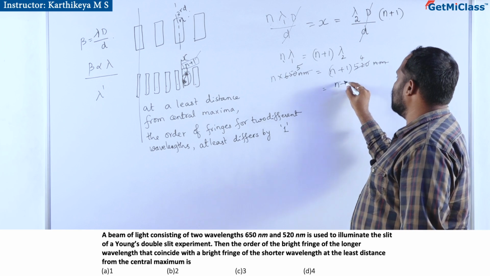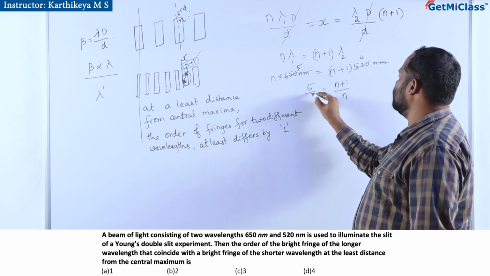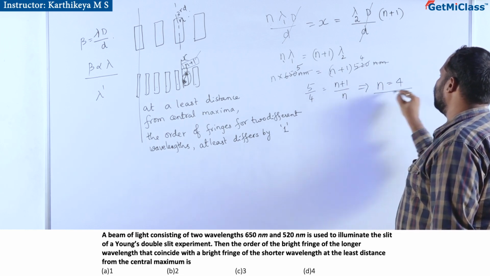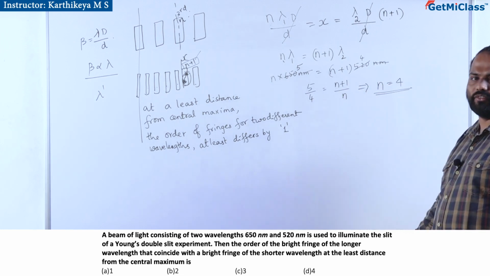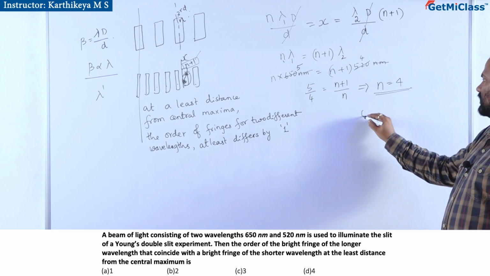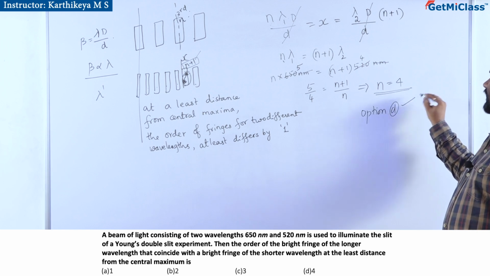So n plus 1 by n is 5 by 4, which implies the order of the fringe due to the larger wavelength is 4. Hence option D is the right answer.